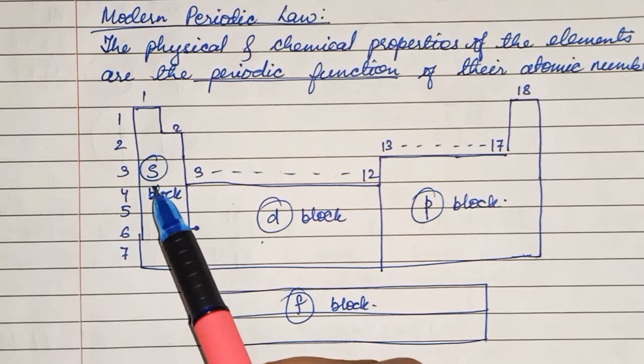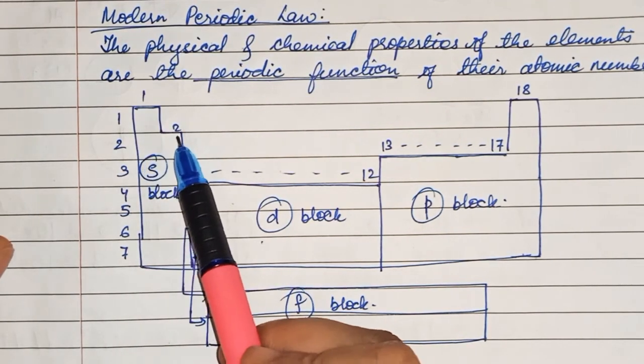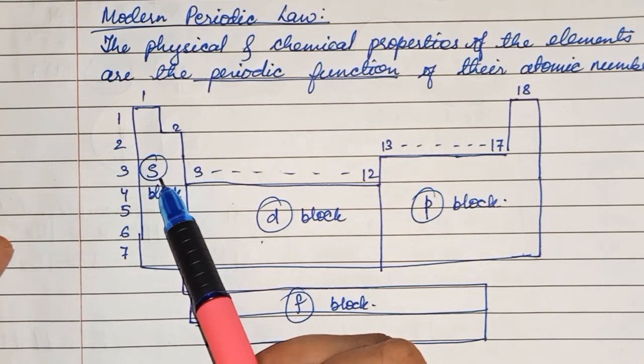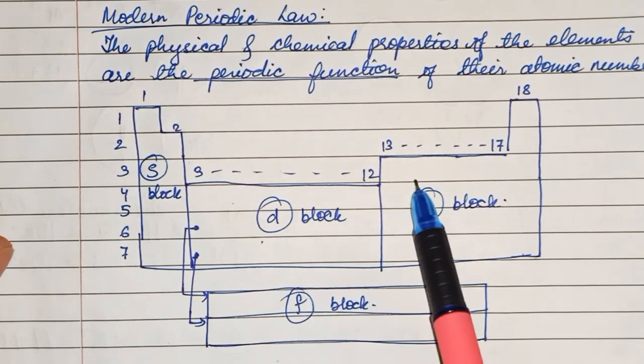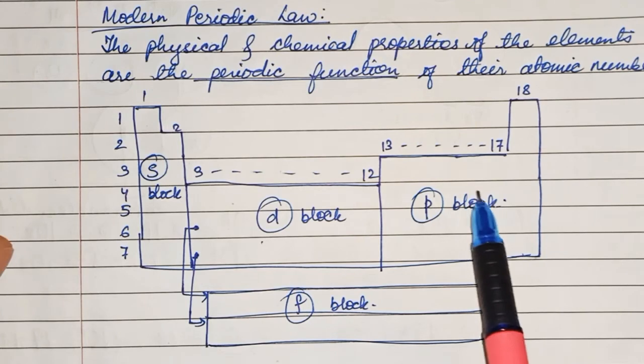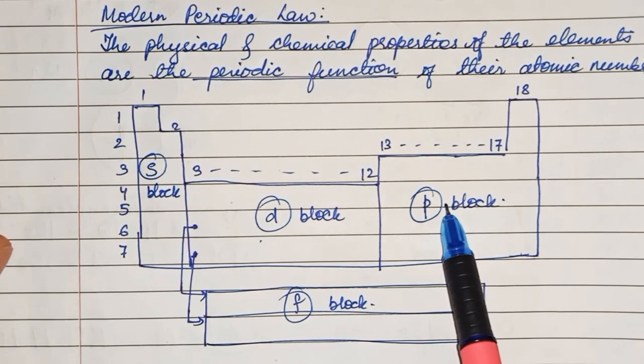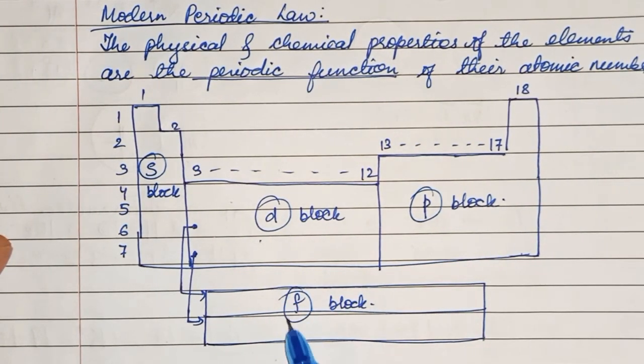See children, you can see here group numbers 1 and 2 are for the s block, 3 to 12 is for the d block, and 13 to 18, these are mostly non-metals, and this is for the p block, and the lanthanide and actinide series are for the f block.